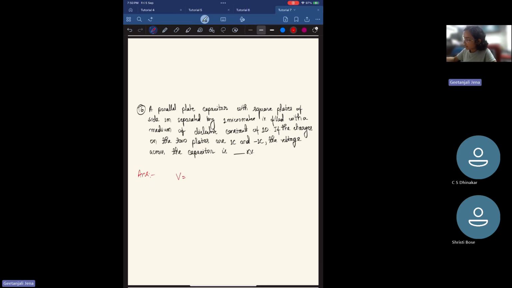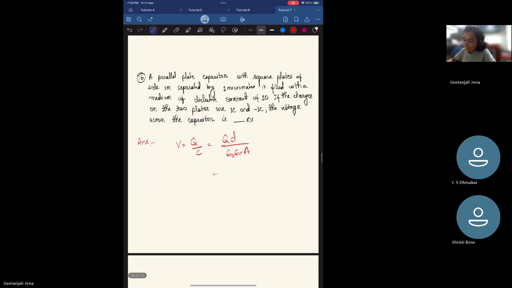So voltage is Q by C, which is Q d by epsilon naught A. And Q is 1 coulomb, d is given, 1 micrometer.